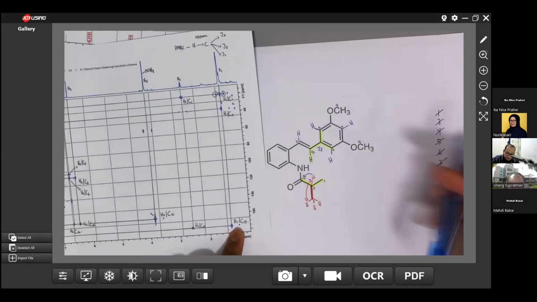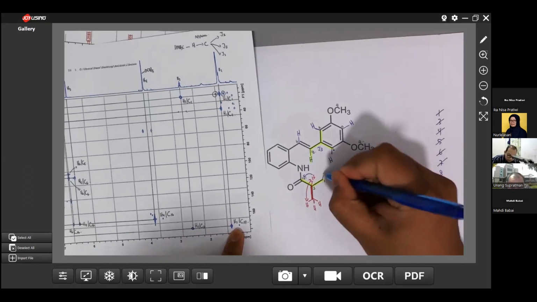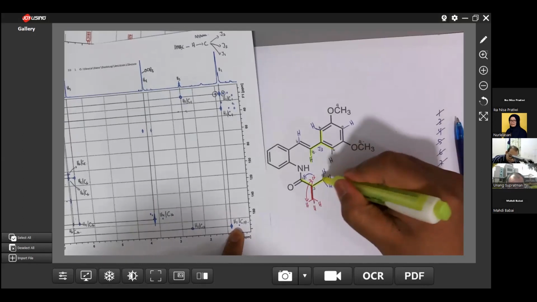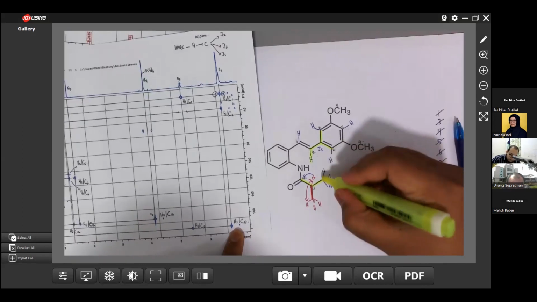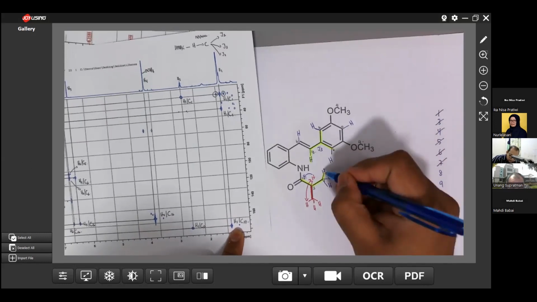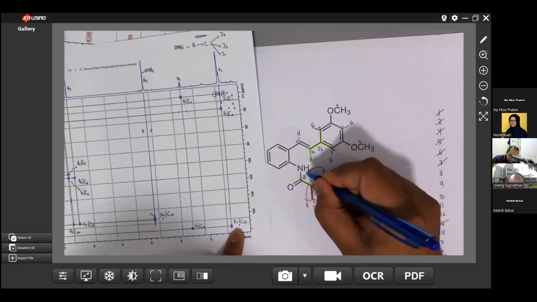If we draw here, this one is J3, and this one is J2.